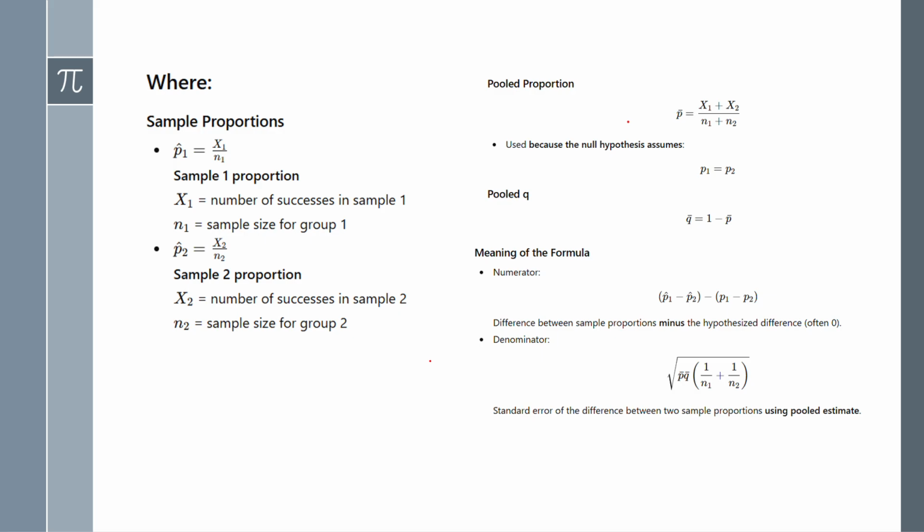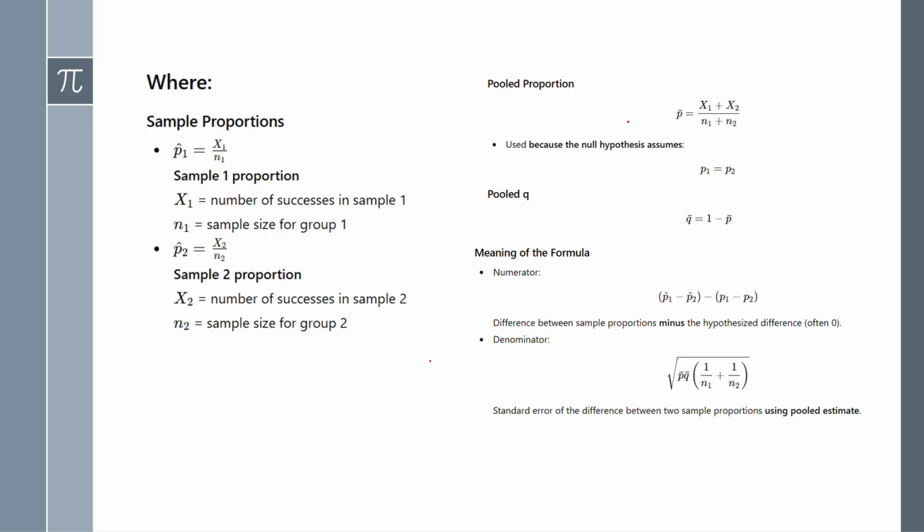Okay, so the sample population proportions. We have to take note that for sample 1 proportion, x sub 1 means the number of successes in sample 1, and n1 is the sample size for group number 1. For p hat 2, that is x sub 2 over n2, x sub 2 is the number of successes in sample 2, and n2 is the sample size for group number 2. So what do you mean by p bar?